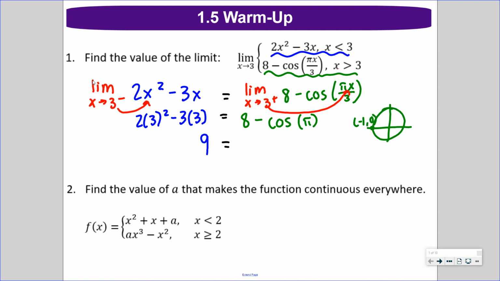It's -1. 8 minus -1 is 9. Alright, so therefore this whole limit is 9, because the left and the right are approaching the same thing. That's how you have to split up piecewise functions.